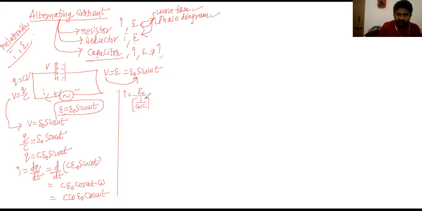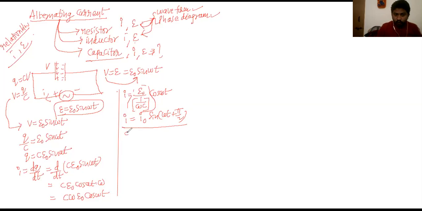So this is finally equal to E naught into omega C only, into cos omega t. So I is equal to I naught, because I am naming the complete expression as I naught, into cos omega t, which I can write as I naught sine omega t plus pi by 2. Sine of 90 plus theta is cos theta only. Now I have got this expression.